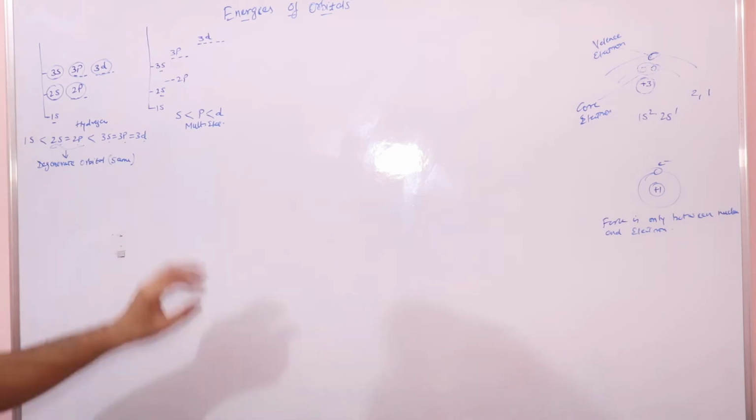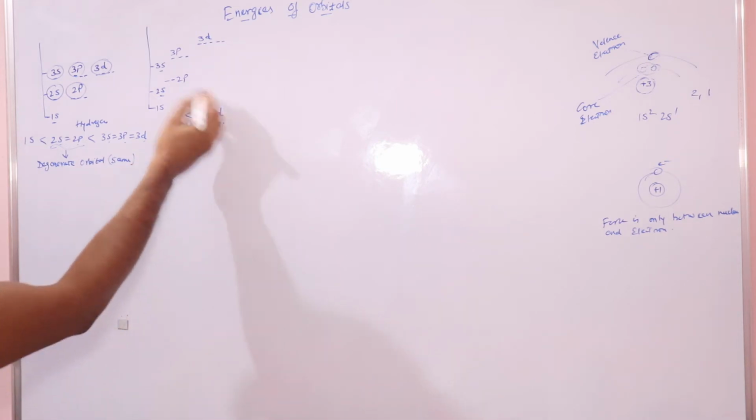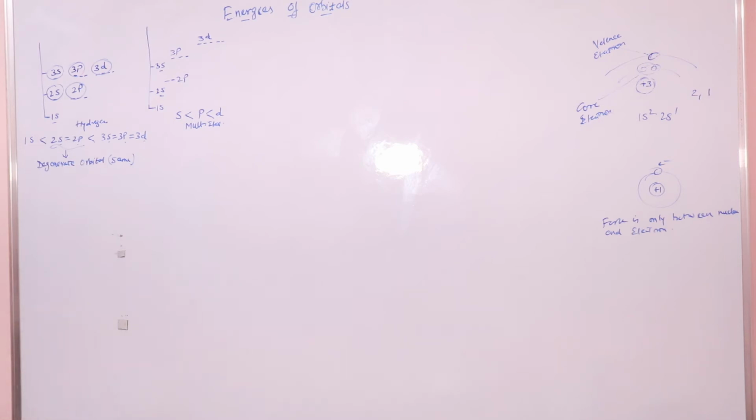Now let's look at the s, p, d subshells. What we have noticed is that within a given principal quantum number, the energy of the orbitals increases in a particular order in multi-electron atoms.